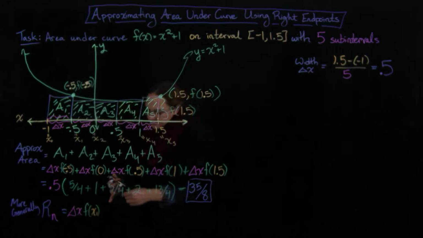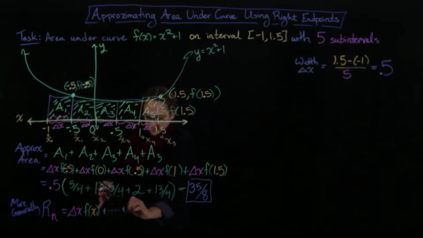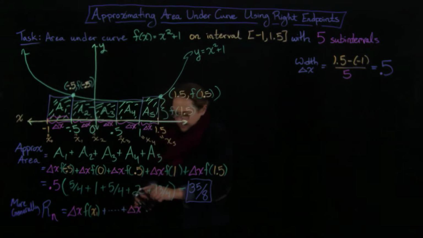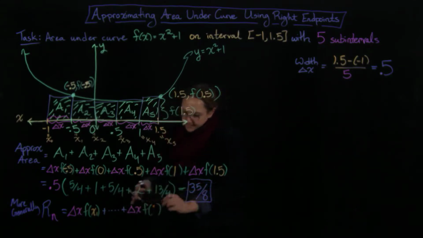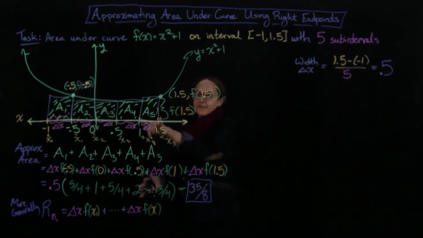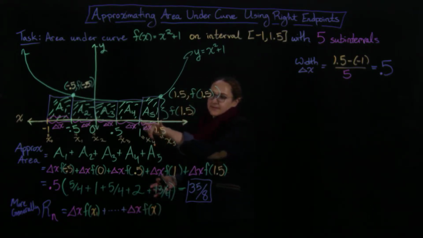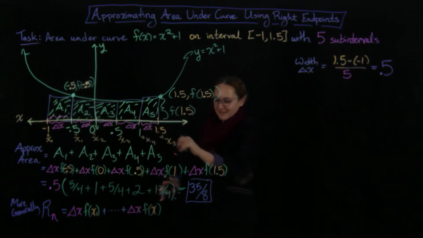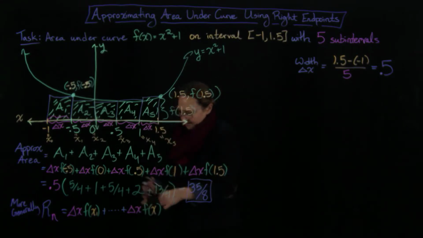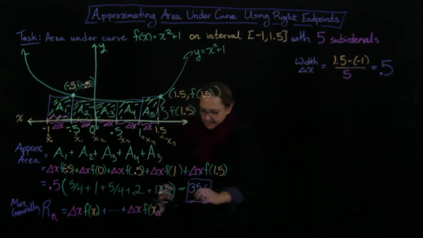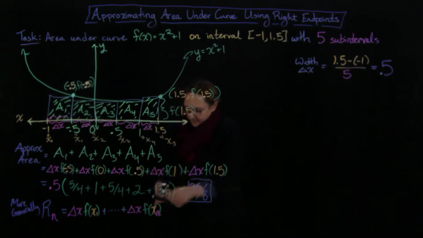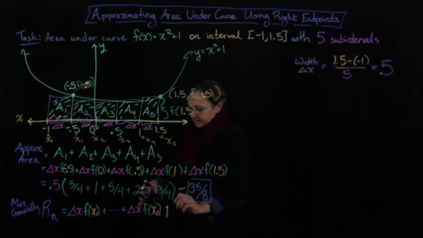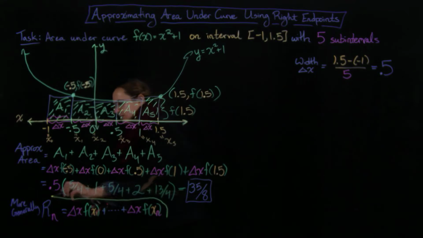And then we keep doing this, we go all the way up to, we do our delta x, and then we go f of xn, and this is the nth interval, the right endpoint is actually, so if this is a fifth, it's 5, so it's actually the nth. All right, we do xj, sorry, xn, so this is an xn, okay? And in sigma notation, so this is the formula here, so this is our final general formula.